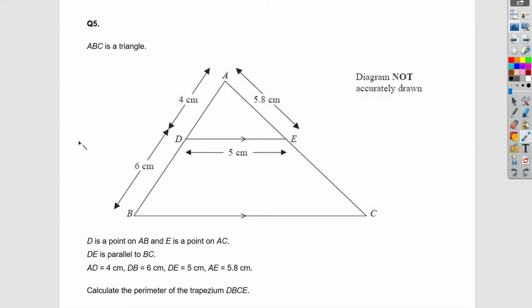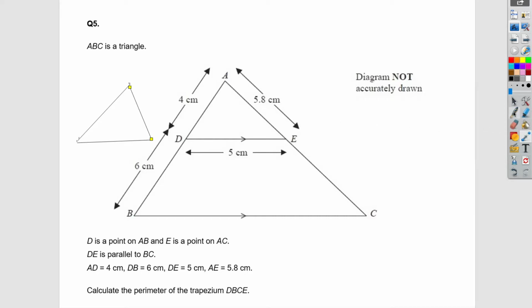So I'm going to go from there to there, which is D to E, then from there to there.